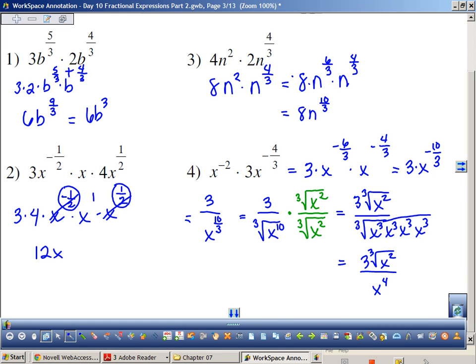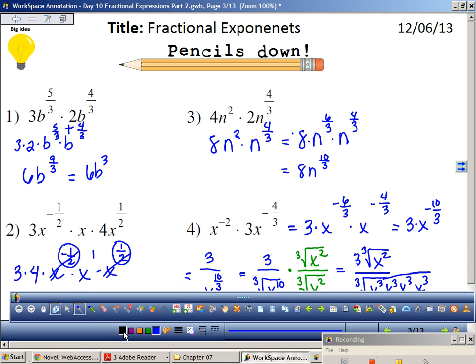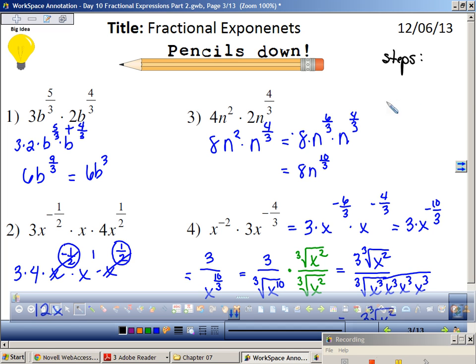Give you guys a second to copy all that down. Okay, let's also add some steps to this. Now that you guys have written that down, let's put our steps up here. So, number one, you need common bases. Number two, you also need common what?